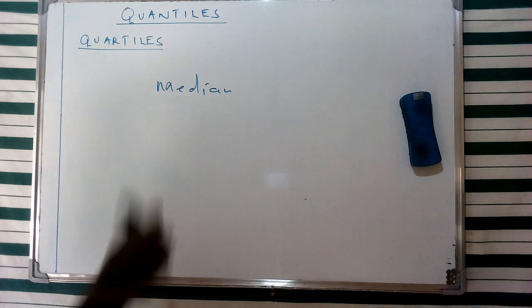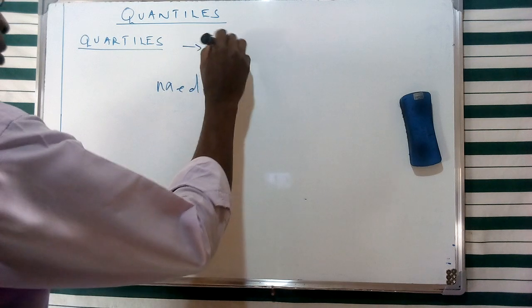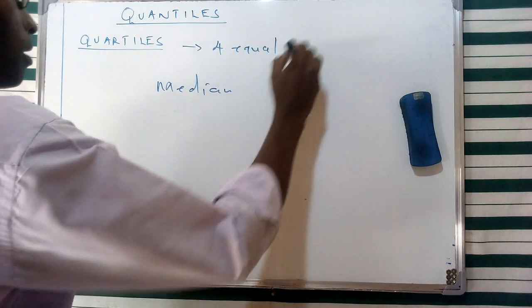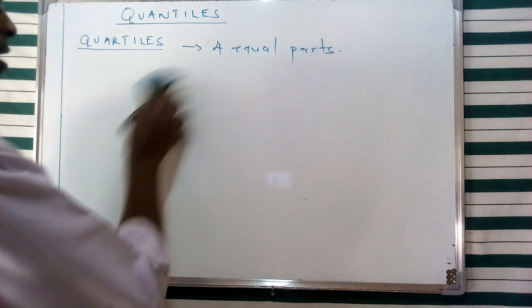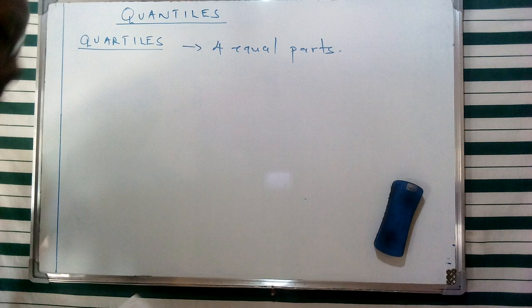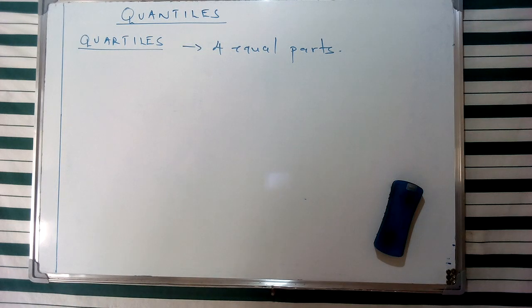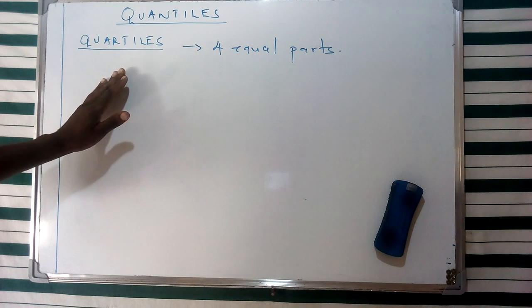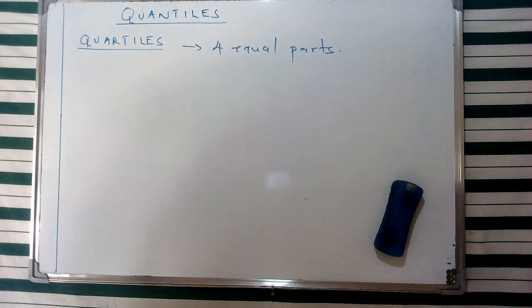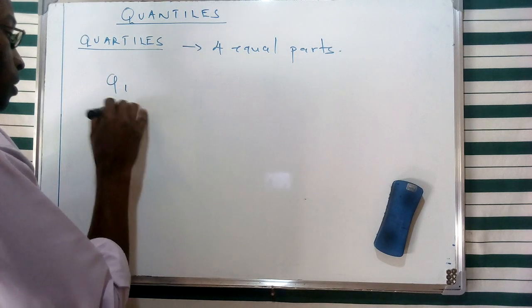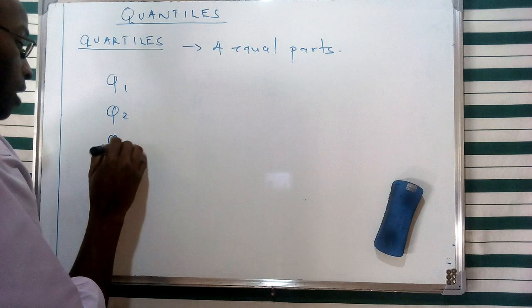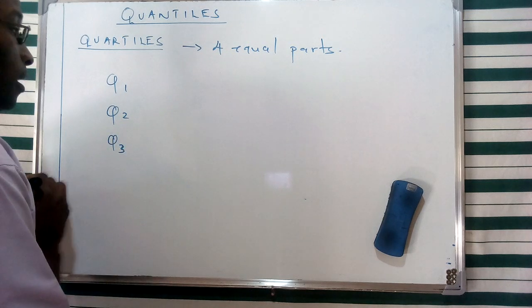Now, quartiles divide data into four equal parts. And we're going to see specific representations that we can use for finding various types of quartiles. For a specific set of data, the values which correspond to these particular positions are denoted using the notations Q1, Q2, Q3, given in that particular order.